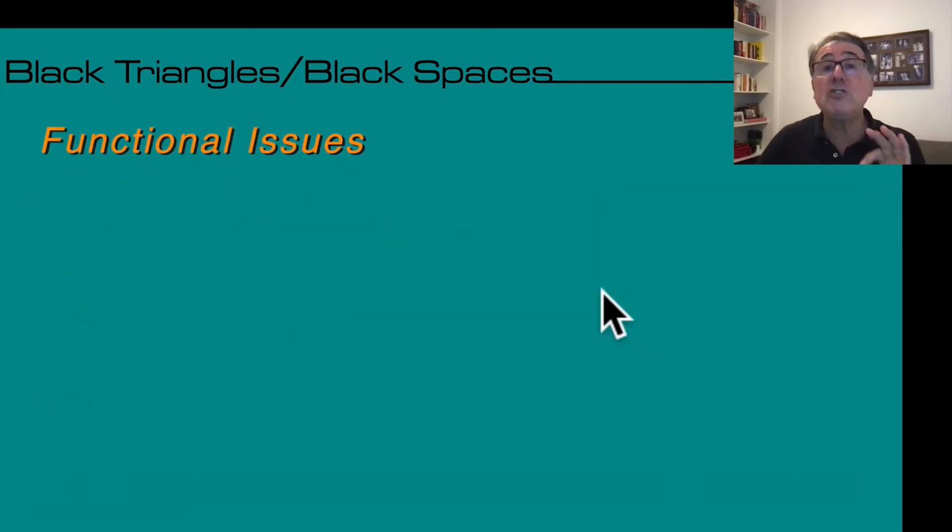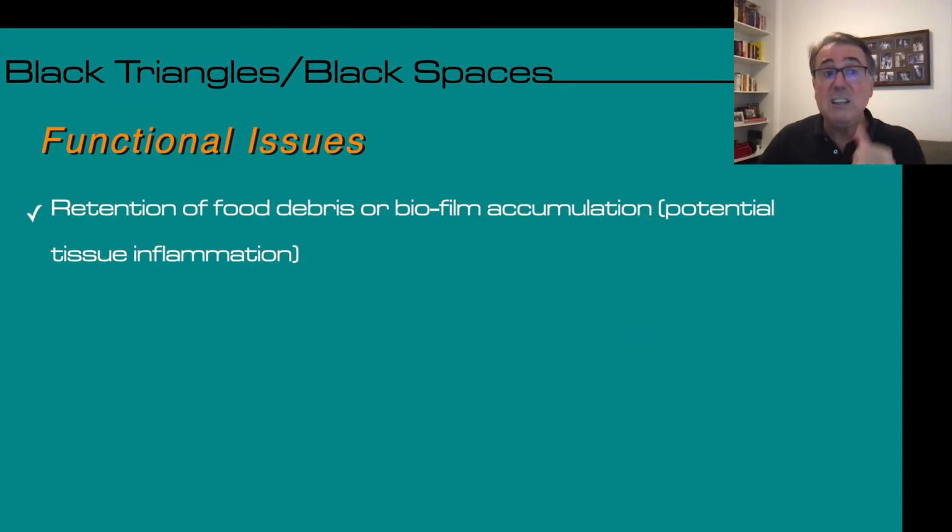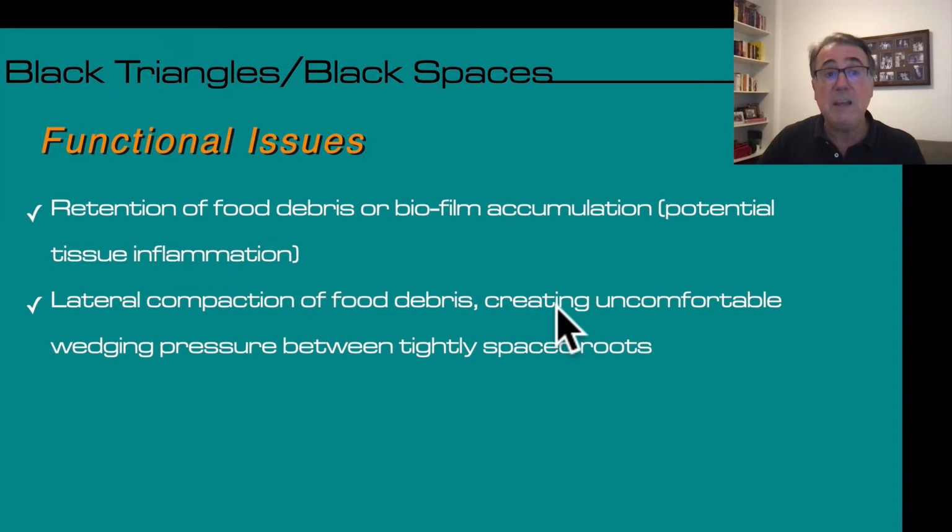There are some functional issues regarding those black triangles, which are the retention of food debris and biofilm and calculus accumulation, which has the potential for tissue inflammation. You can also find lateral compaction of food debris, which might create uncomfortable wedging pressure between tightly spaced roots, especially between canine and premolar in the upper jaw.